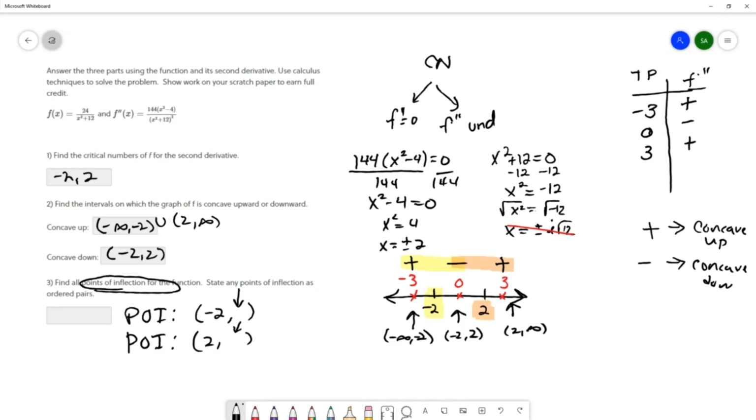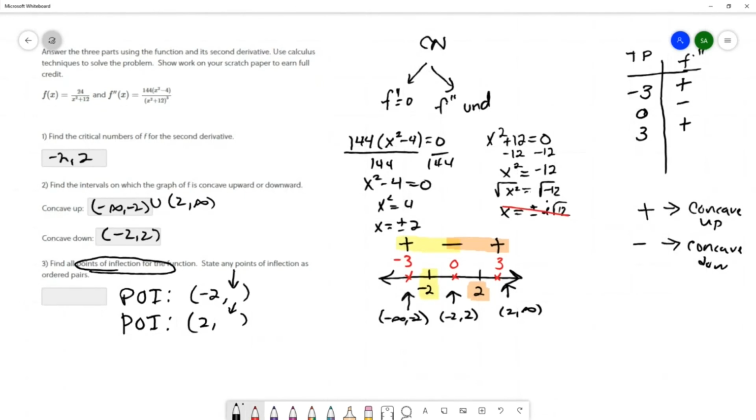The point of inflection is something that is on the original function, so we're going to take these critical numbers of 2 and -2 and substitute them into the function to get that y coordinate. So we're taking those critical numbers of -2 and +2, and we're substituting it into the function f.